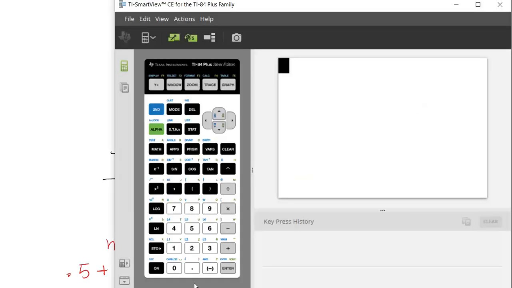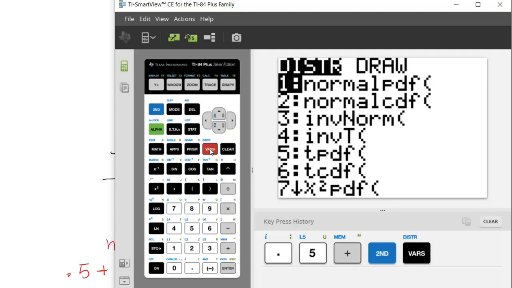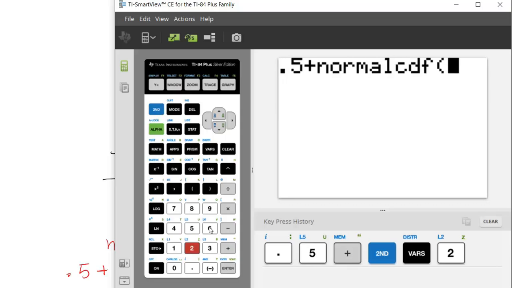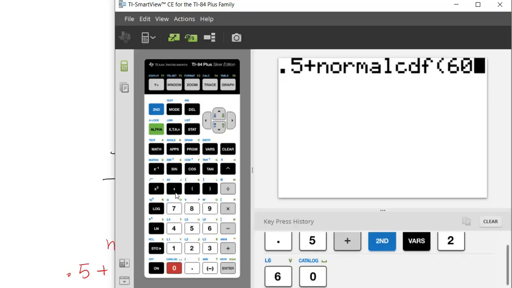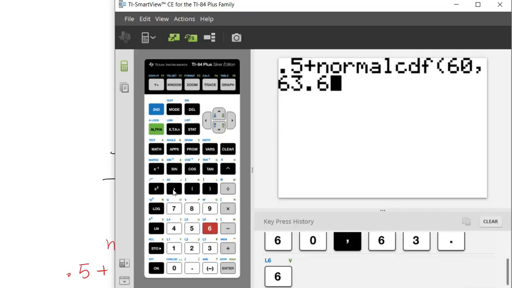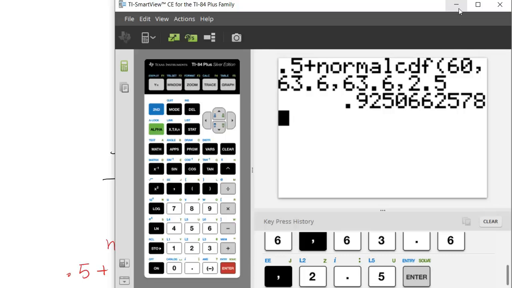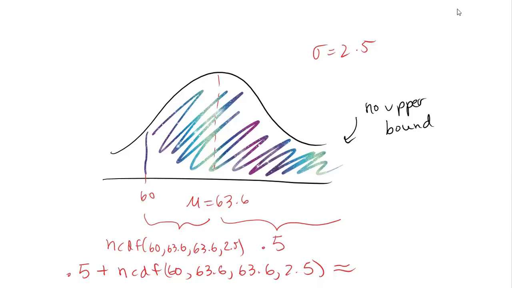Pull up your calculator, type the 0.5 plus first, then run second vars, choice 2, lower bound of 60, upper bound of 63.6, mean of 63.6, standard deviation of 2.5, and again we already know the answer is going to be about 0.925 because we already calculated that area on the left, and we get that total area.